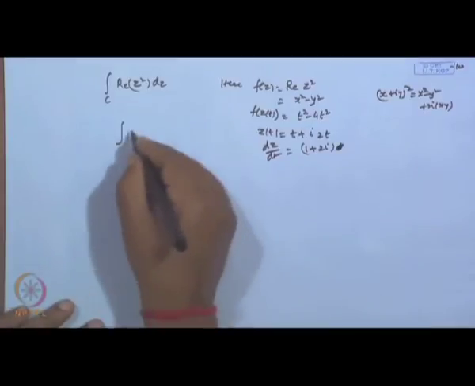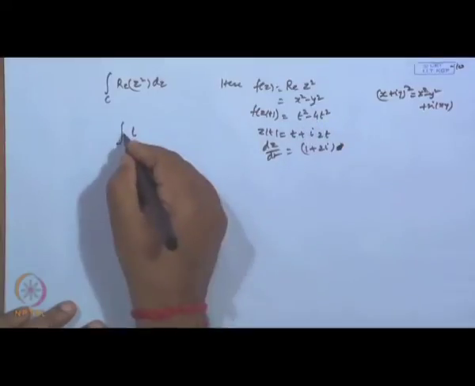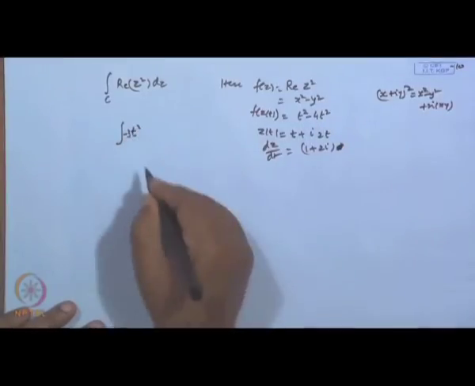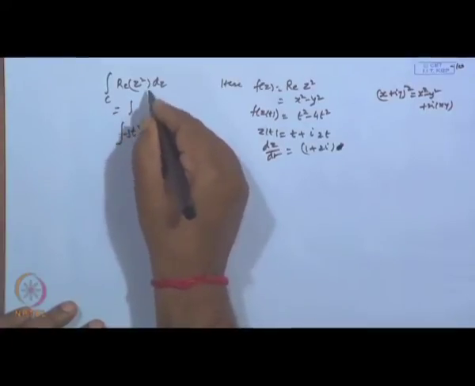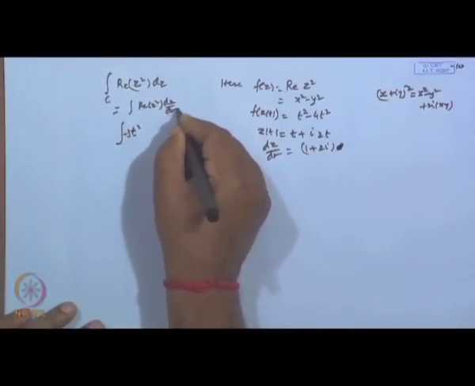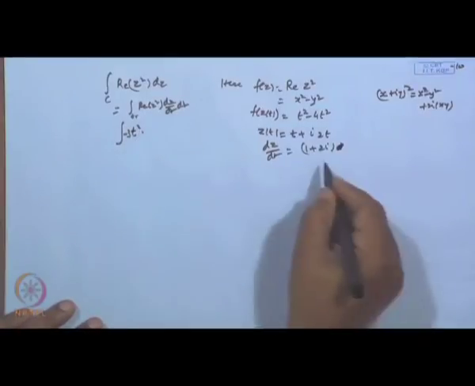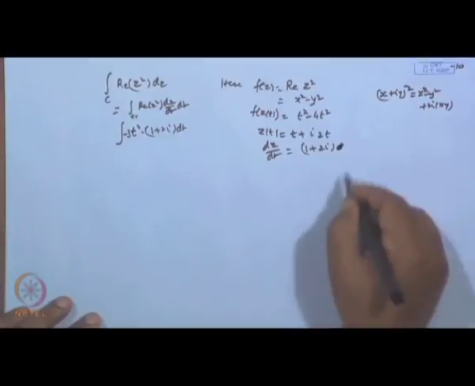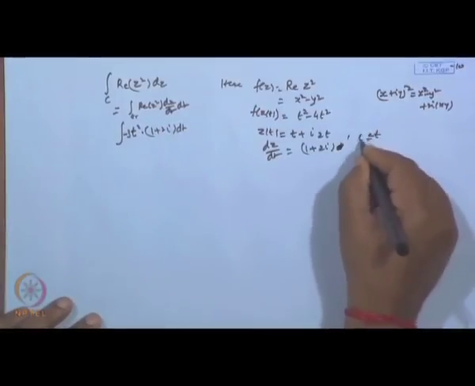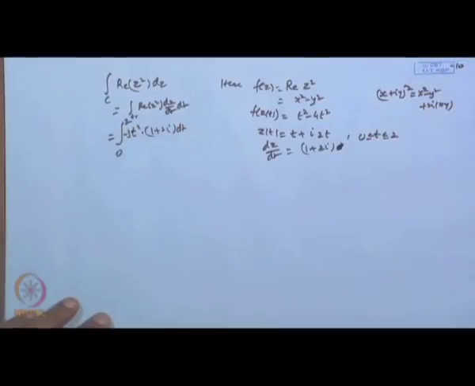Substitute this: the real part of z squared means t squared minus 4t squared, that is minus 3t squared, and then dz by dt, which is 1 plus 2i, dt. And what should be the limit for t? T varies from 0 to 2.